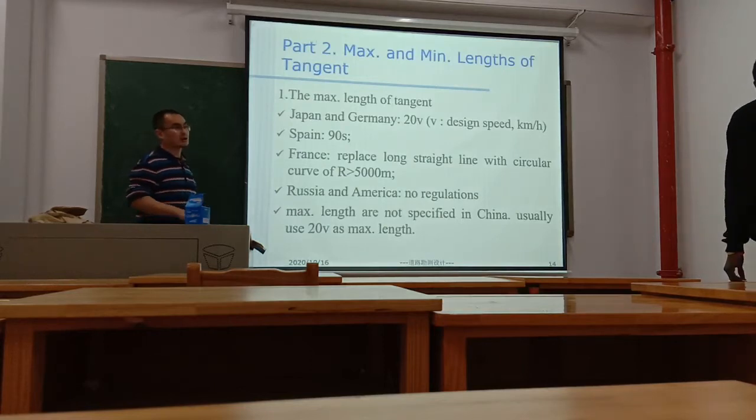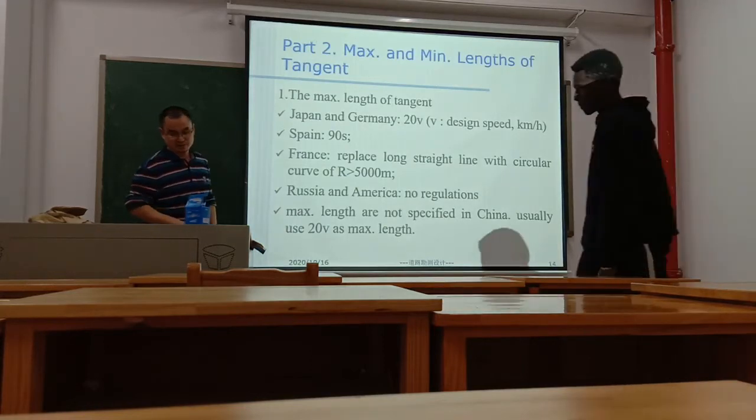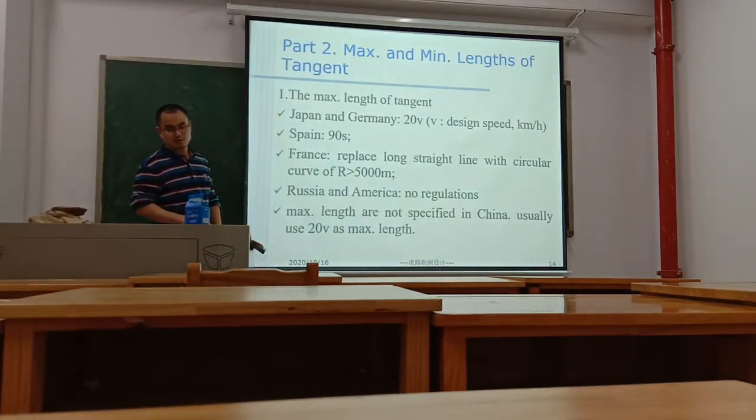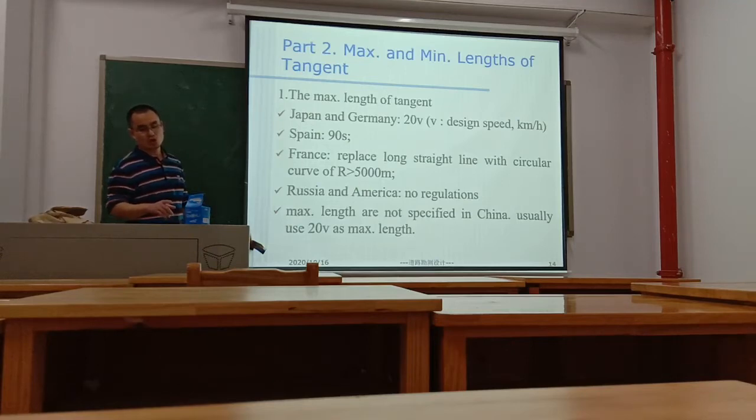The maximum and the minimum lengths of tangent. The maximum length in Japan and Germany is 20 times of V, where V is the design speed of the road.